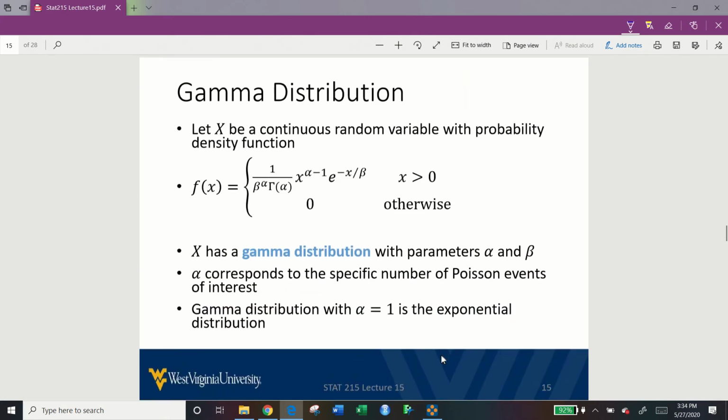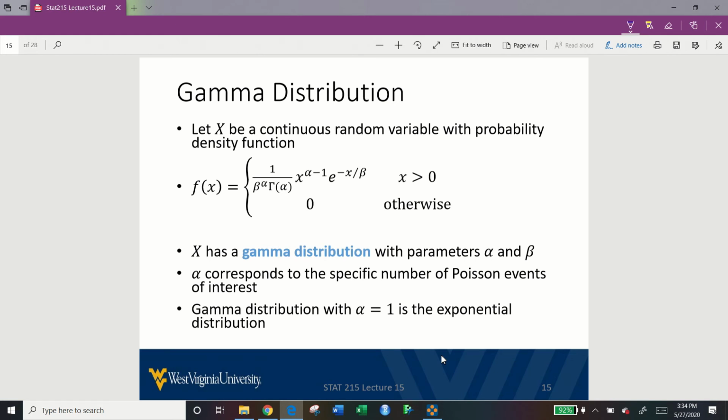So now that we have a concept of the gamma function, we can examine the gamma distribution. Let x be a continuous random variable with probability density function f of x equal to 1 over beta to the alpha multiplied by gamma of alpha, multiplied by x to the alpha minus 1, multiplied by e to the negative x over beta, where x is greater than 0, and 0 otherwise.